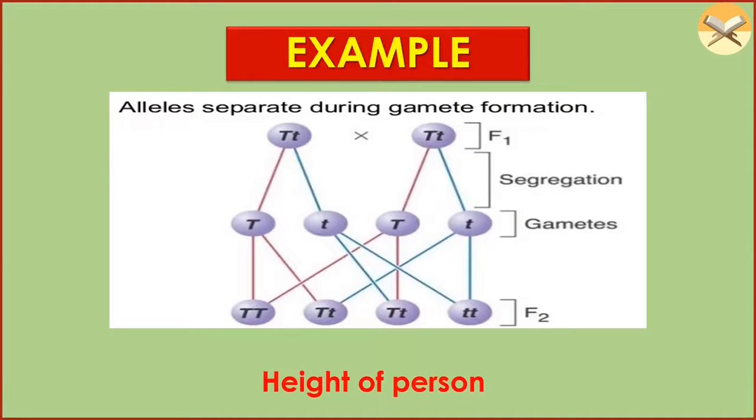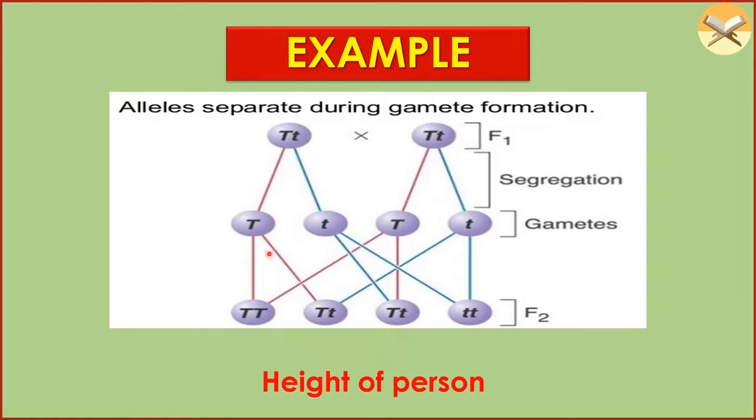We will discuss the height of a person as an example of the law of segregation. You can see the parental generation, capital T small t, in this diagram. The first one is for the father and the second one is for the mother. During the process of gamete formation or gametogenesis, the genes of the parent get separated.